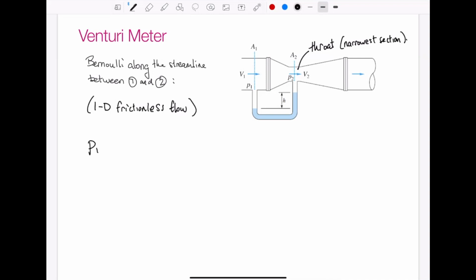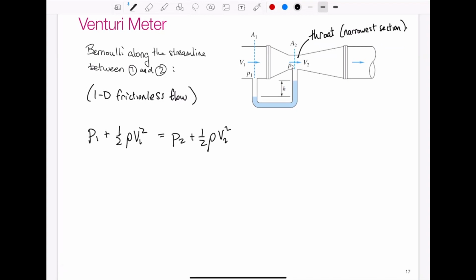So we can write P1 plus 1/2 rho V1 squared. And if there's no change in our elevation Z, we can leave out those Z terms. And that's equal to P2 plus 1/2 rho V2 squared.